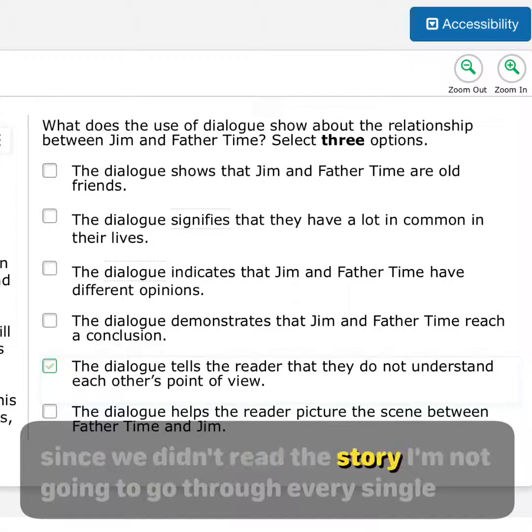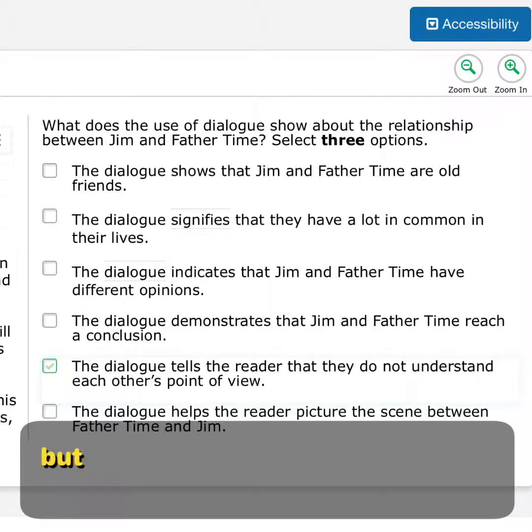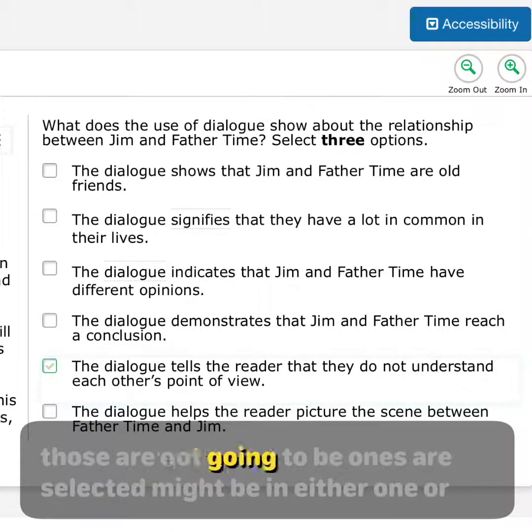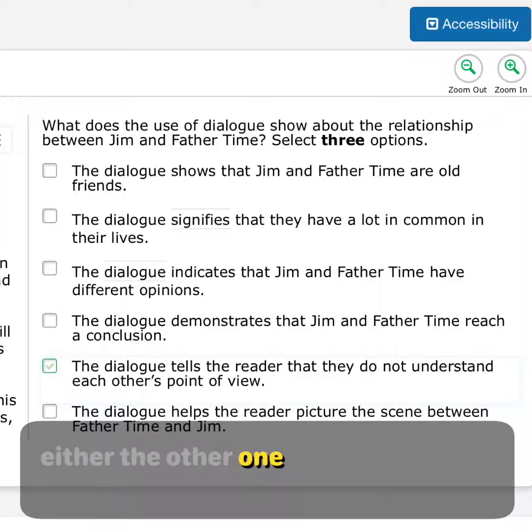Since we didn't read the story, I'm not going to go through every single option, but a lot of times there will be one option that's a direct opposite of another, so that's a good clue that both of those are not going to be ones that are selected. Might be either one or the other.